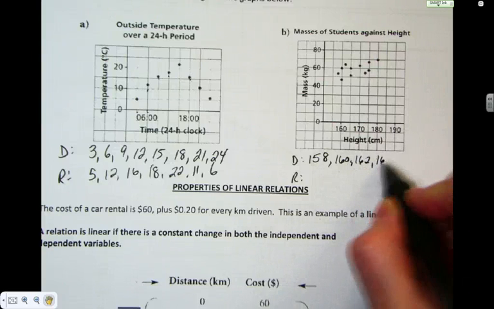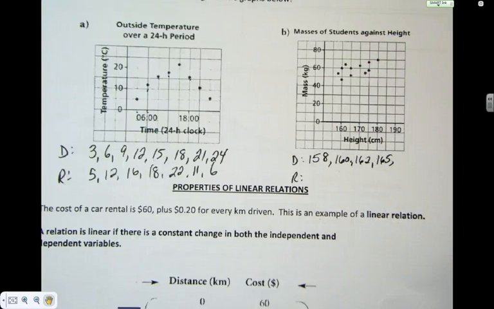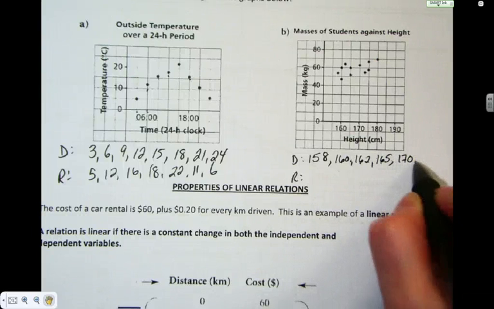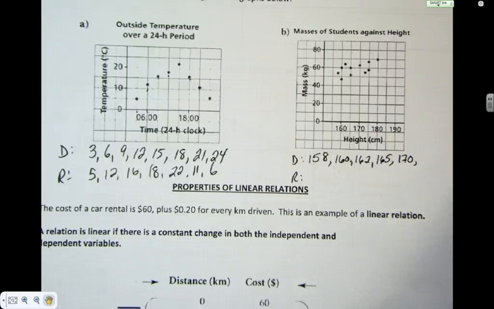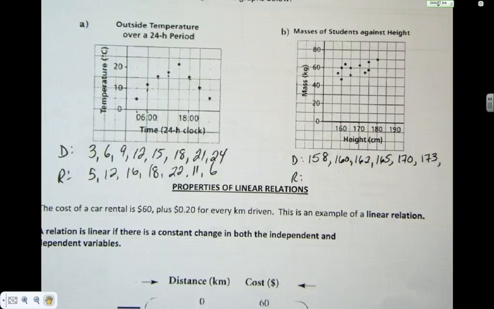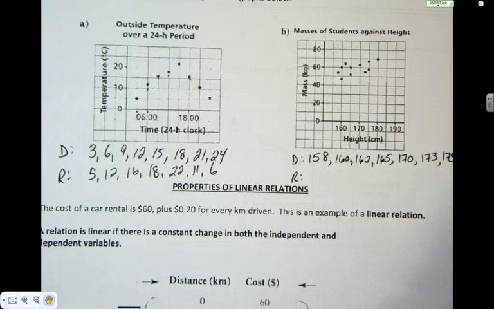Then 165. And we just need to write it once.